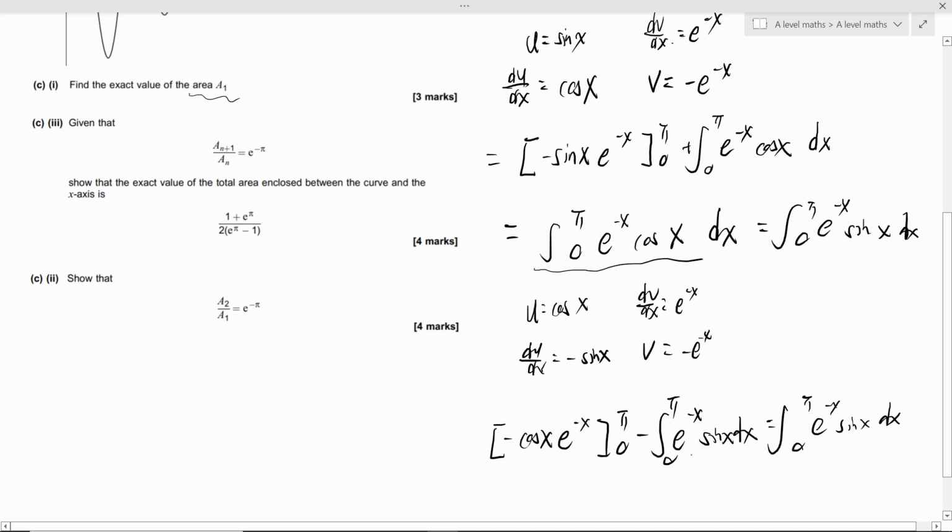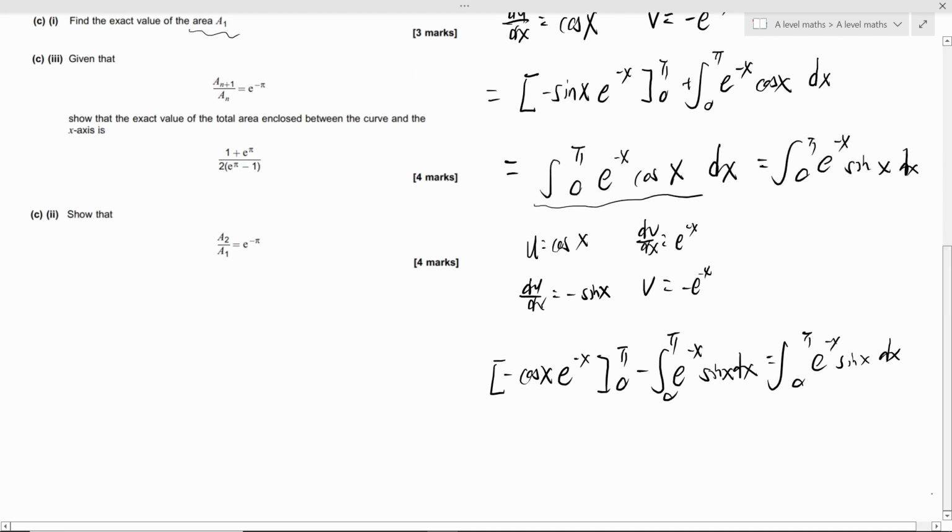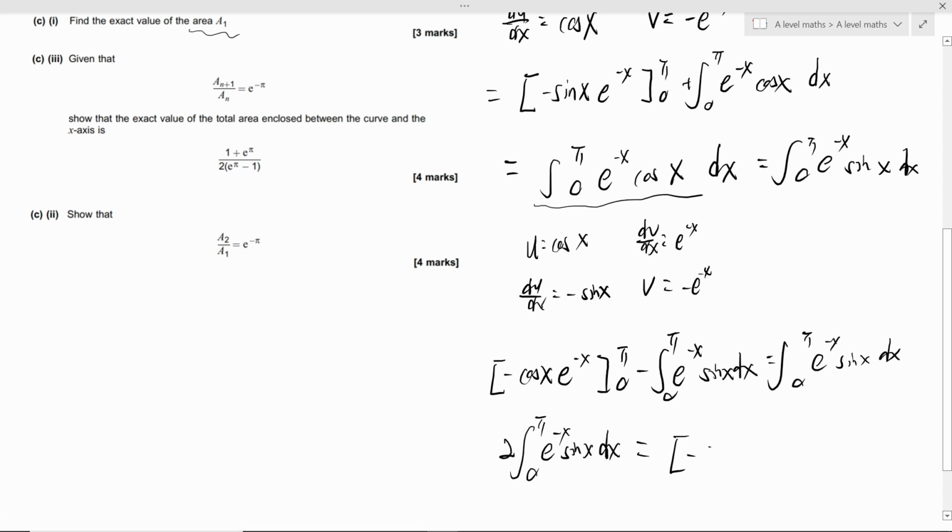You can see if we move this part to the right hand side, then we have 2 times the integral between pi and 0 of e to the minus x sine x dx equivalent to minus cos x e to the minus x between pi and 0.